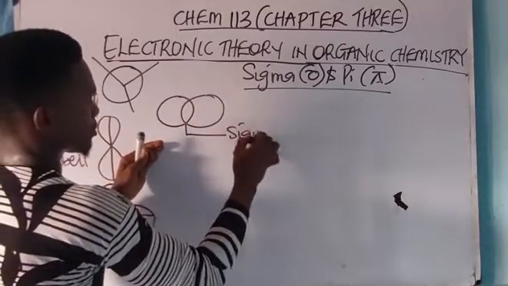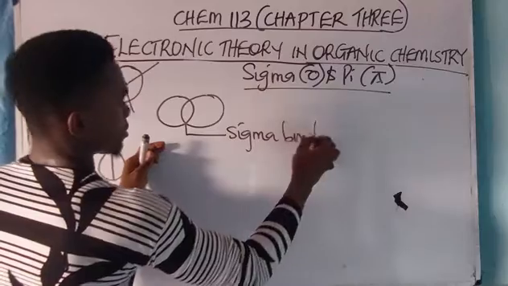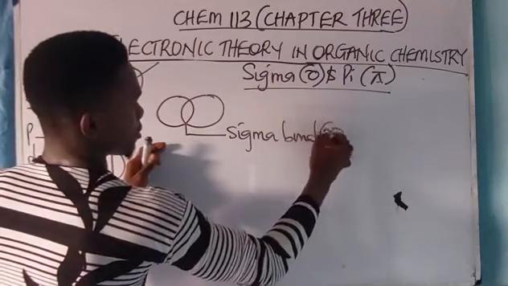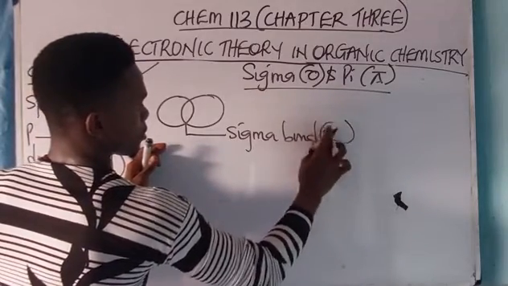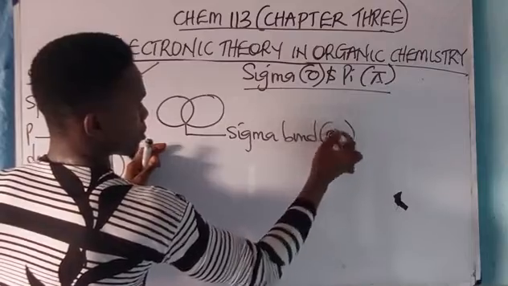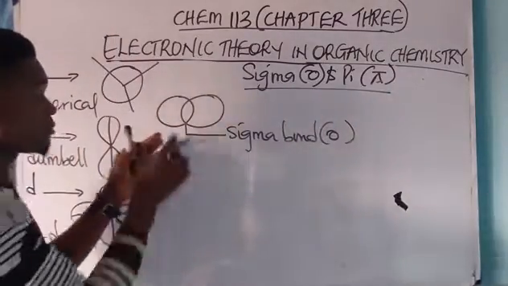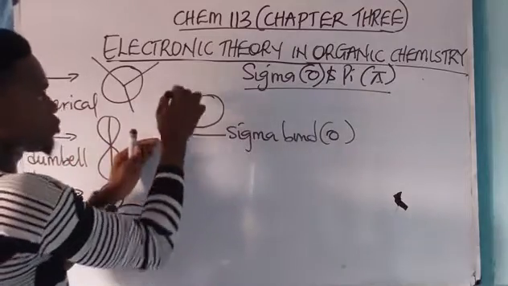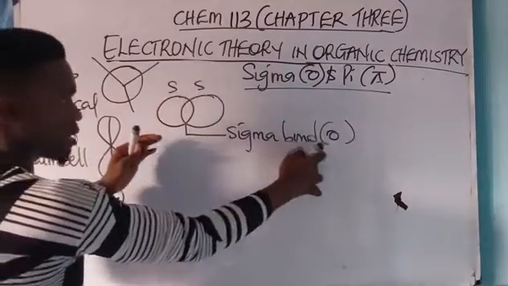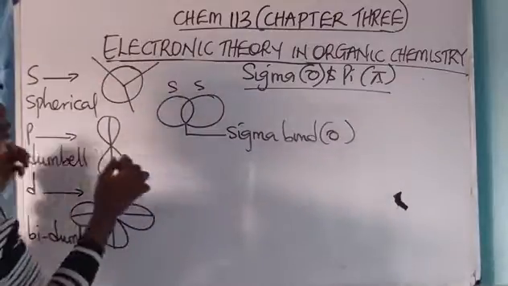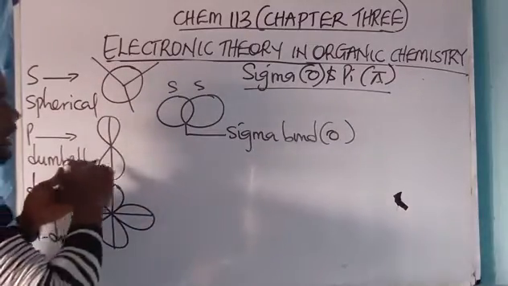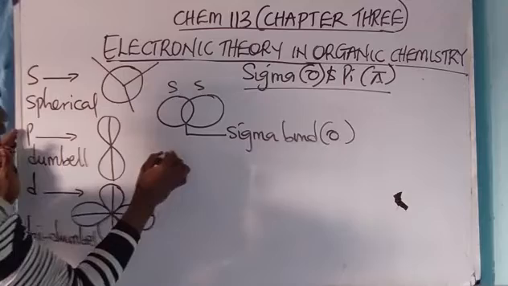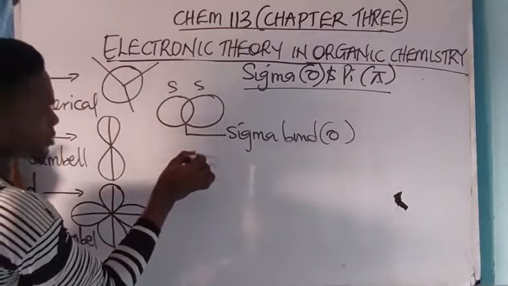Sigma bond. The combination of two linear s orbitals produces sigma what? Bond.